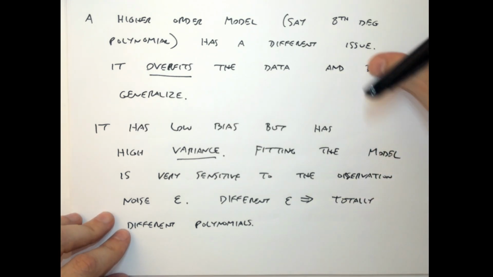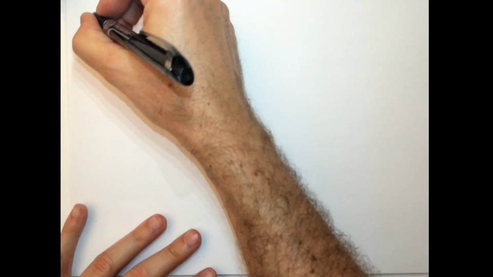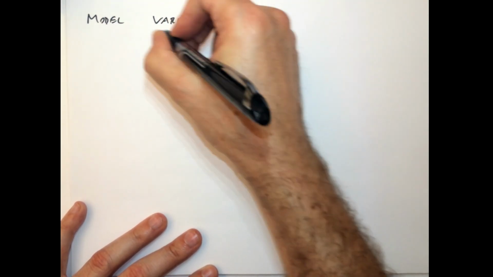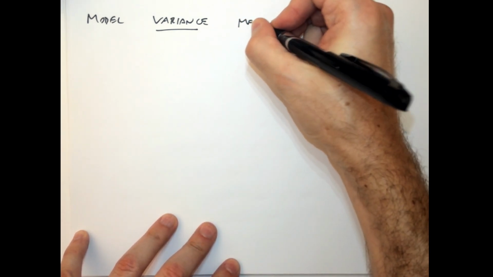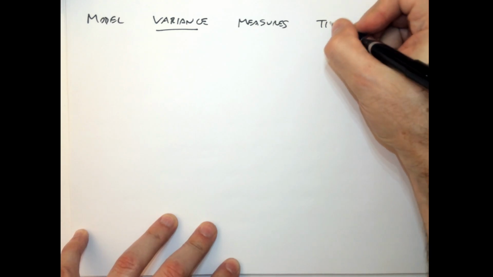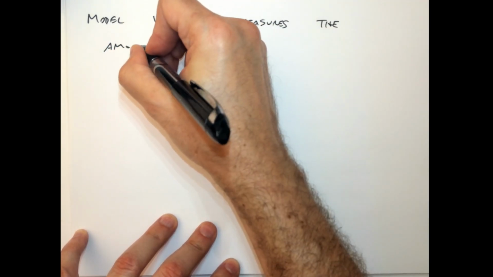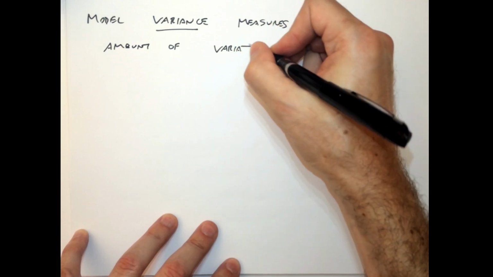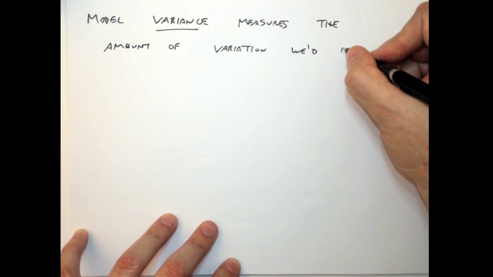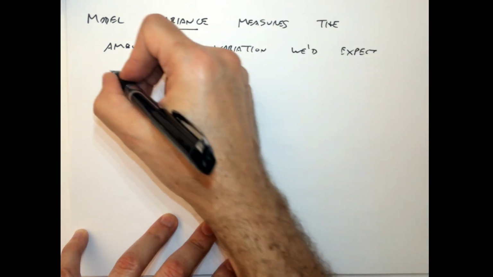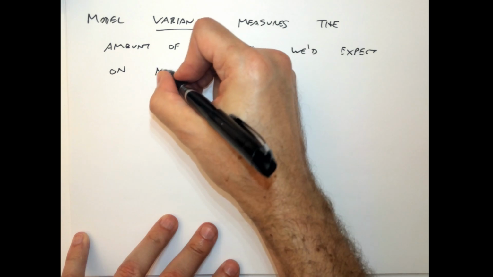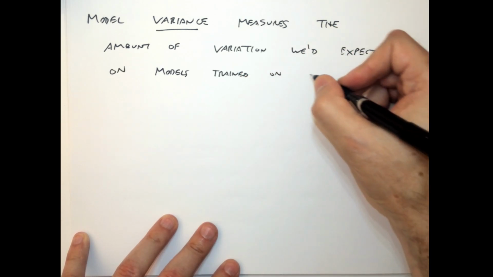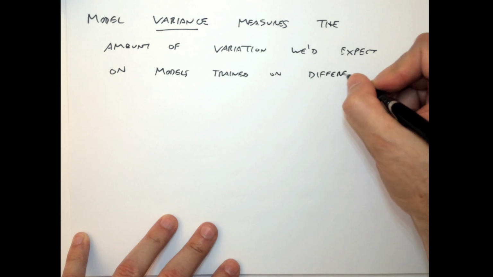So in this case, model variance we can quantify by saying we measure the amount of variation we'd expect on models trained on different input data sets from the same distribution.